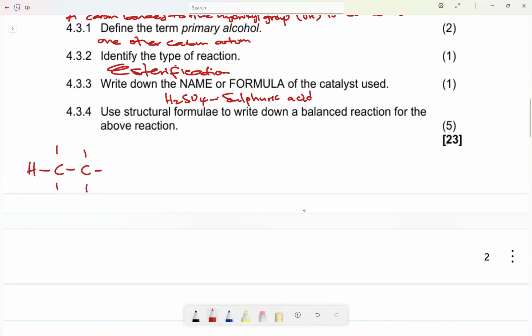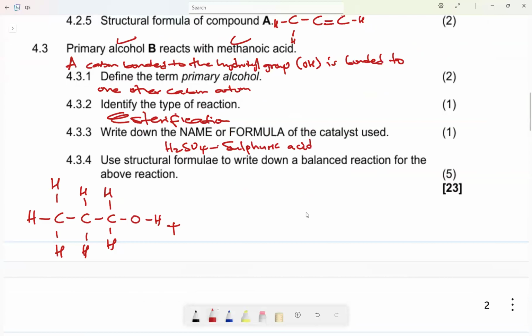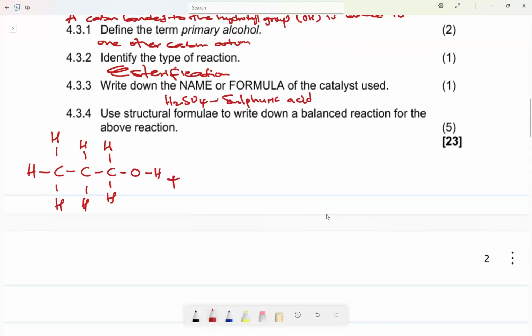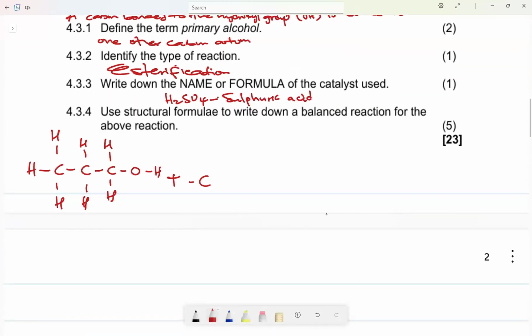Propan-1-ol, like that, right? This is my propanol. And it is reacting with methanoic acid, which has one carbon. So it reacts with methanoic acid, OH, like that.